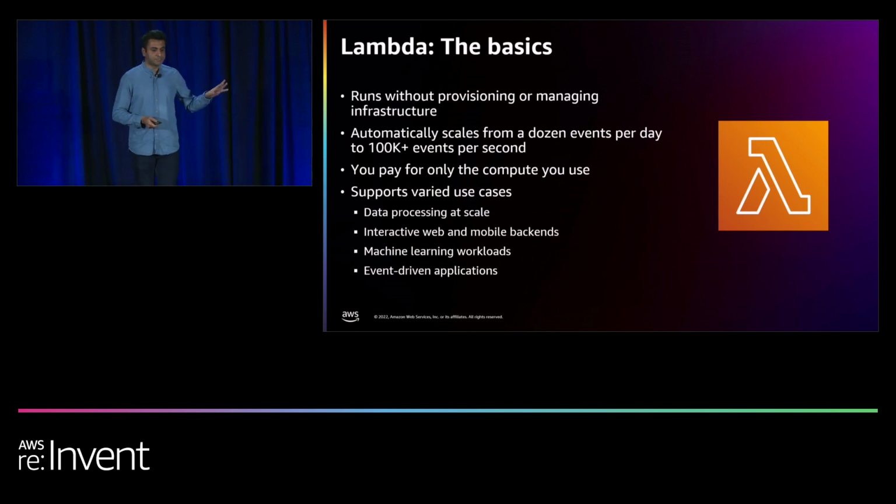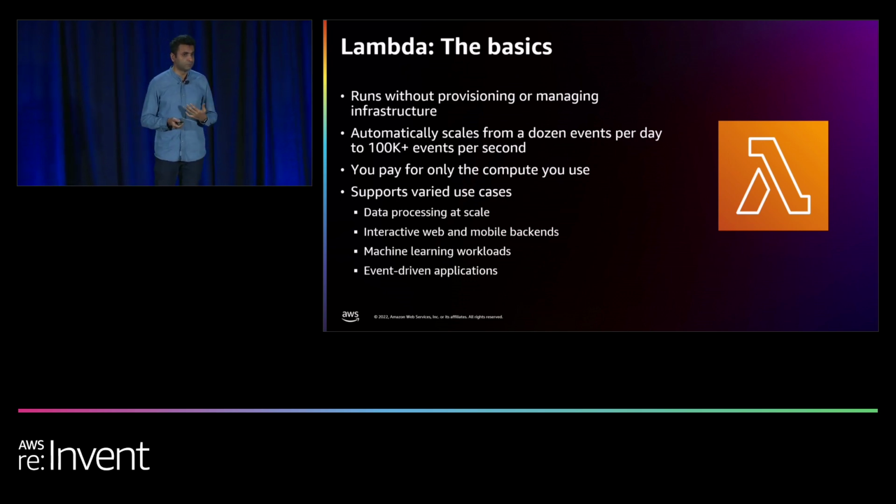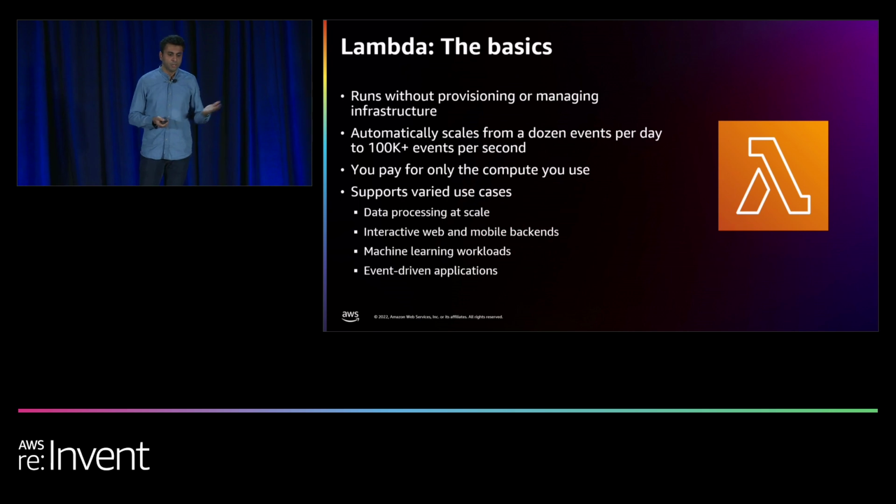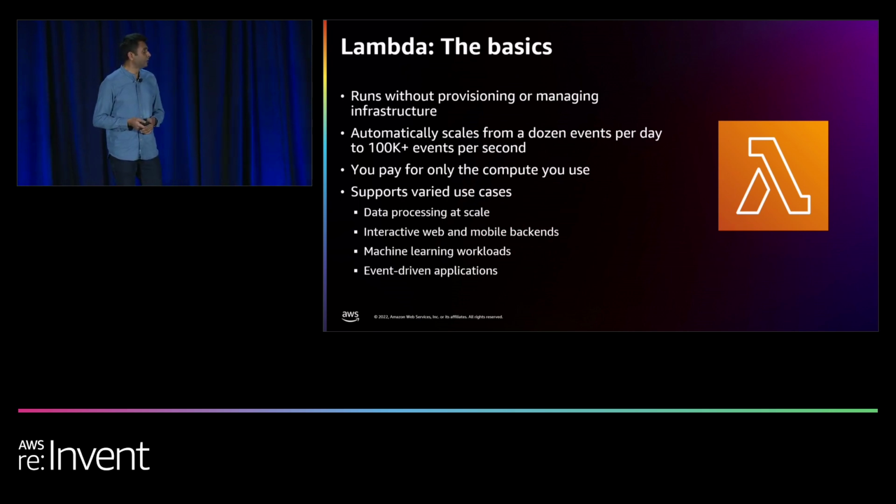So Lambda basics, I'm not going to spend too much time, as I'm pretty sure you're aware of Lambda. None of us like patching servers. That's why Lambda came into being. Serverless, you can spin up small workloads, and you can do pretty much almost everything these days on Lambdas, from data processing at scale to web and mobile backends, and multiple basic API stuff.